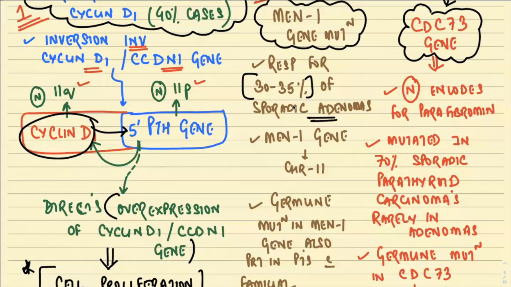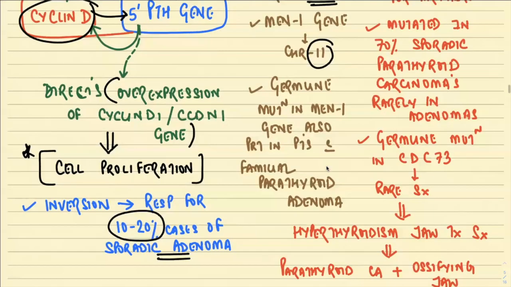In around 30 to 35% of sporadic adenomas, MEN1 gene mutation is responsible, which is present in chromosome 11. Whereas germline mutation in the MEN1 gene is present in patients with familial parathyroid adenoma, as in conditions of MEN syndrome. Do you remember MEN1 syndrome? It is seen there.